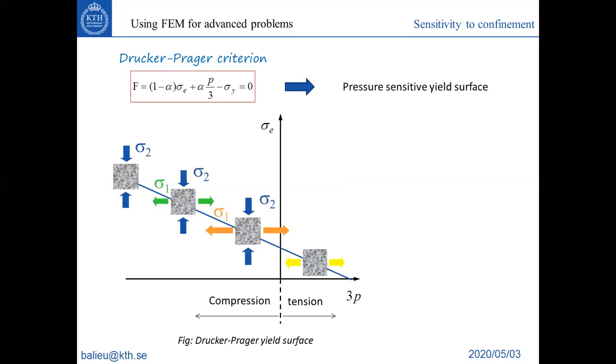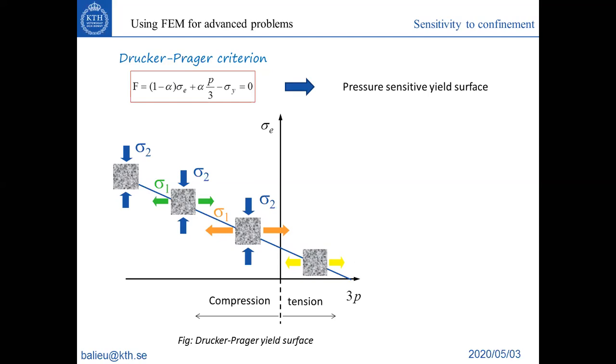Okay, so as I was presenting, this Drucker-Prager criterion is now a pressure sensitive yield surface, so it's able to take into account the difference between compression and tension, but also by doing this, it can model a complex stress state. So it can be like pure compression, it can be like a compression with a little bit of tension, etc. Or it can be like pure tension.